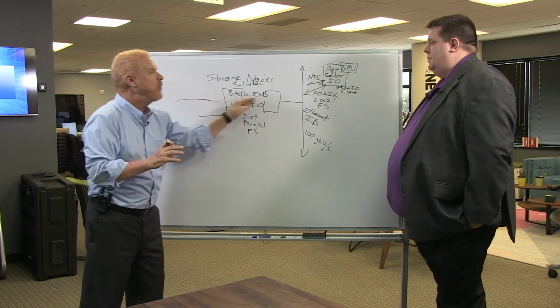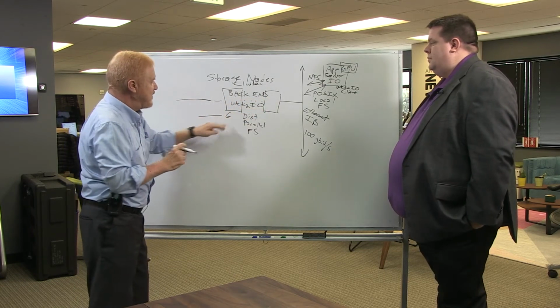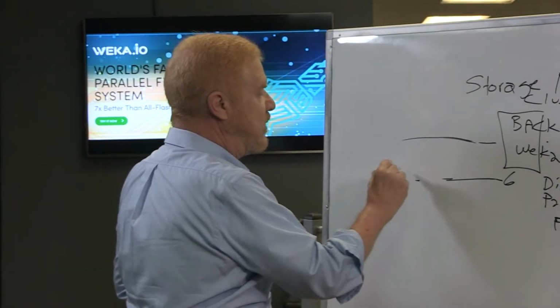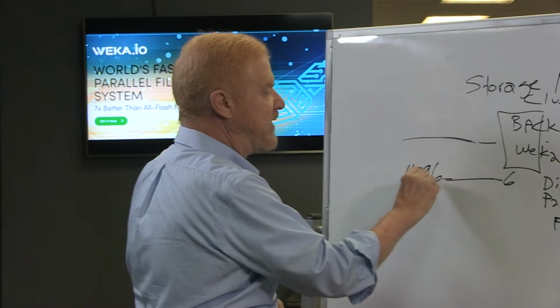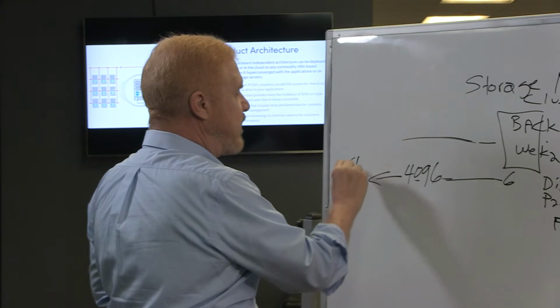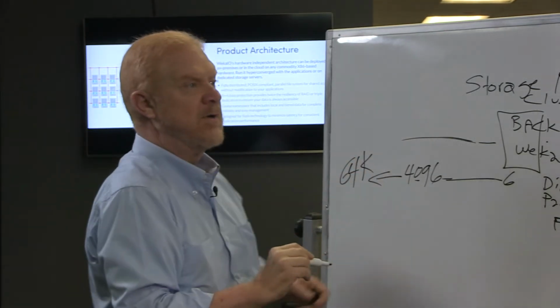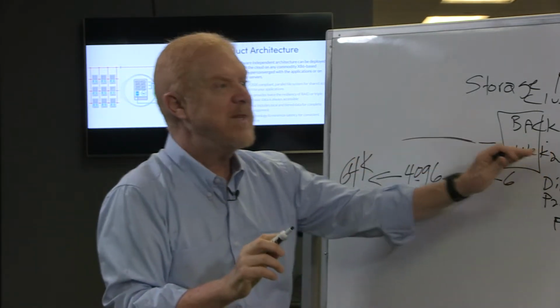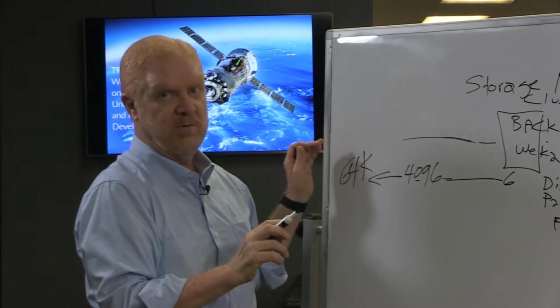It uses all the resources. Now, I said the minimum is 6, but it could go up to, we've tested to 4,096, and it could go as high as over 64,000. This is an incredibly scalable solution.